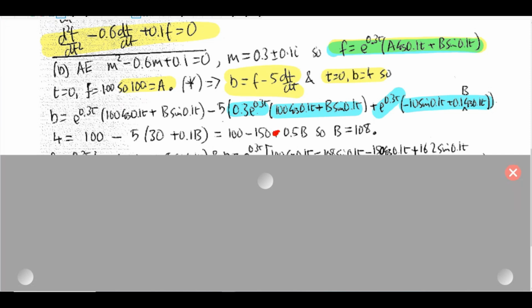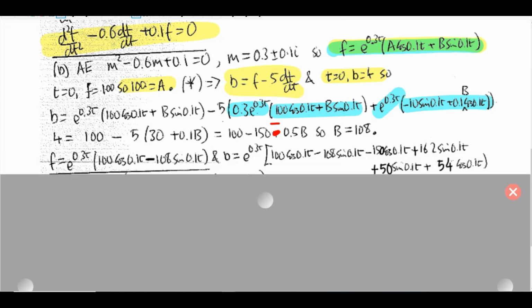If you simplify that and expand the brackets, you will get that expression there. And if you simplify this, you should get b is minus 108. There's a little mistake in this, minus 108, that will give you that expression there.